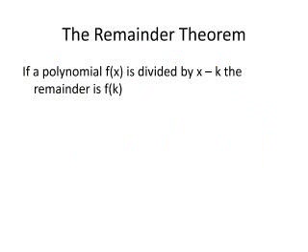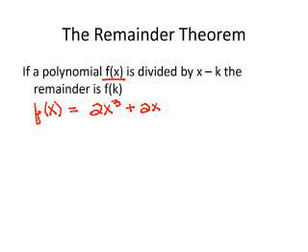All right, let's see if we can reason through this. So it says if a polynomial f of x. So let's take the polynomial where f of x is equal to 2x cubed plus 2x minus 17.